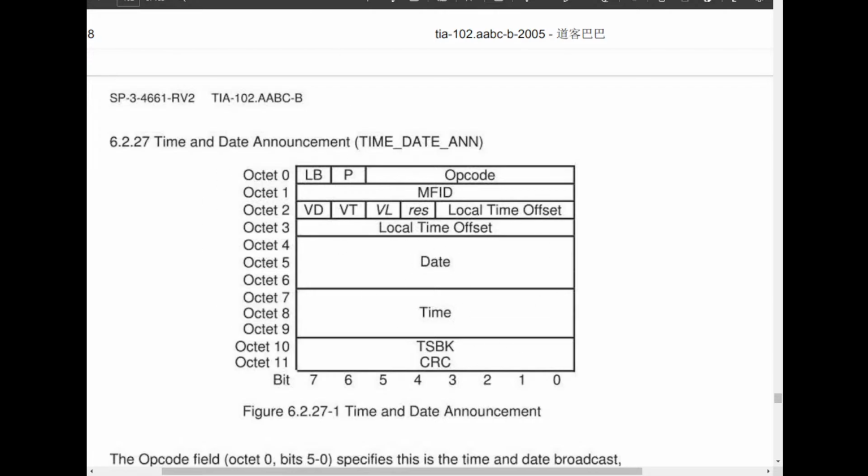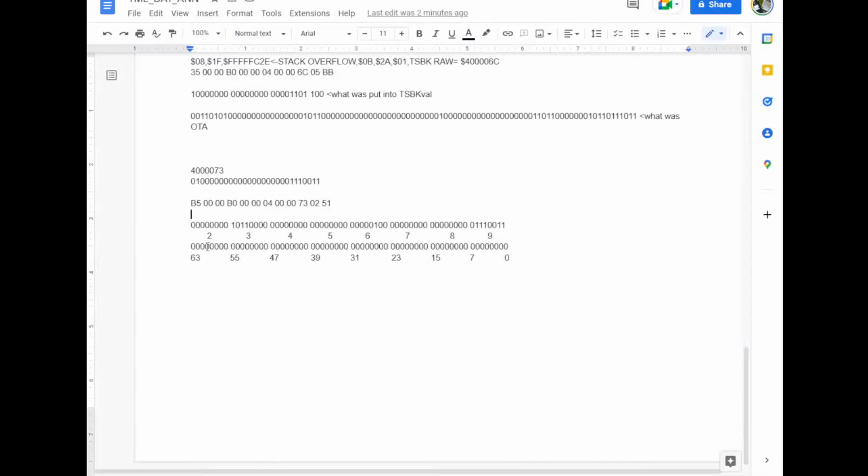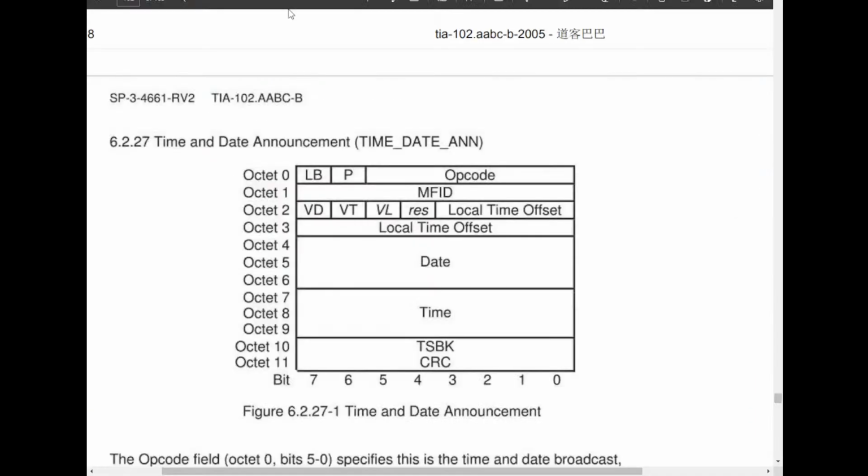So, if we look here, octet 2, bit 3, we got 55 down here at the top of octet 3. We have 56, 57, 58, so there you go. The start of this is at 58.